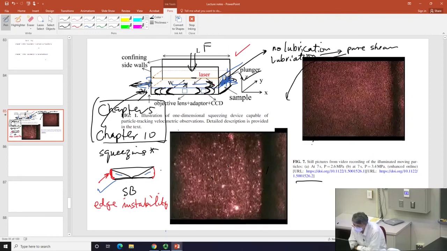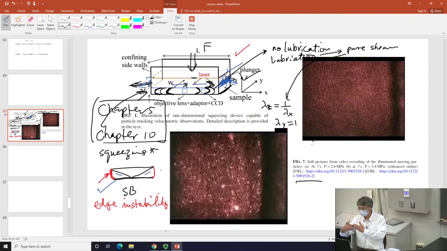Because if I establish this as x, y, z, then my lambda z is essentially 1 over lambda x, and lambda y is constant. In other words, the width doesn't change.